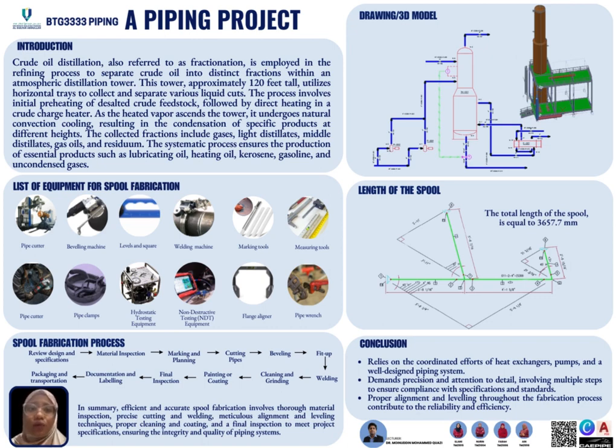Before the grand reveal, a final inspection ensures everything meets project specifications, from dimensions to material quality. All the paperwork is assembled: inspection reports, welding procedures, and more. Spools are labeled for easy traceability.